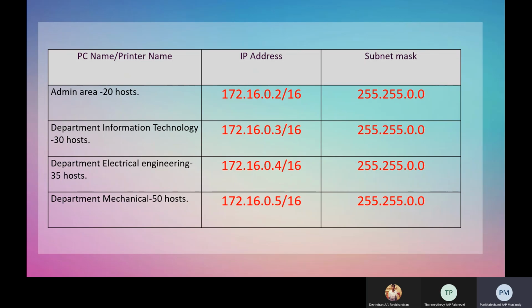The subnet mask is 255.255.0.0. For the Department Electrical Engineering, the IP address is 172.16.0.4/16. The subnet mask is 255.255.0.0. For the Department Mechanical, the IP address is 172.16.0.5/16. The subnet mask is 255.255.0.0.